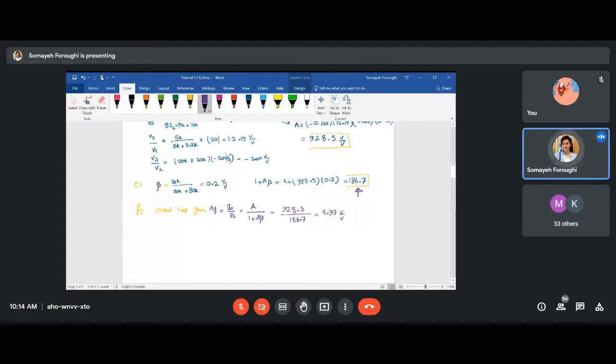The question said to consider the closed loop gain to be 5 volt. So what we found is pretty much the same. All done with part F.